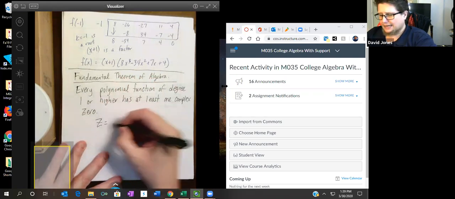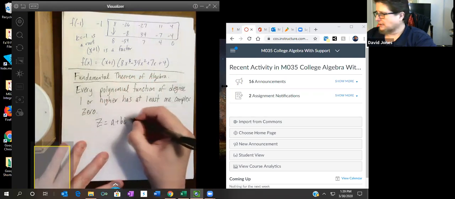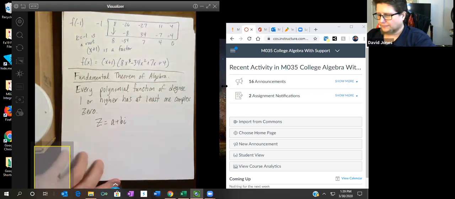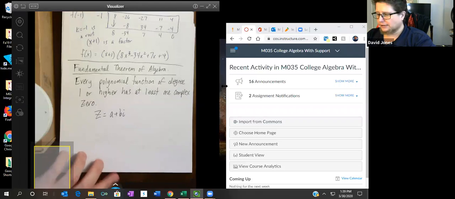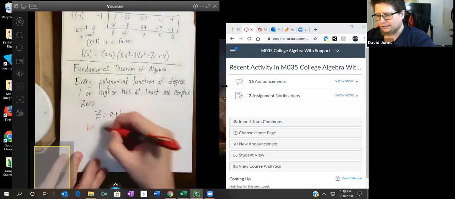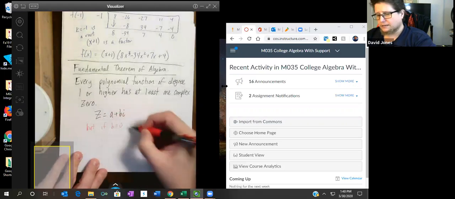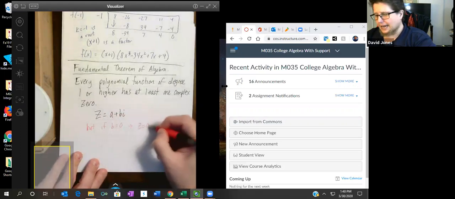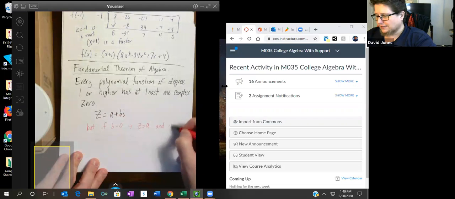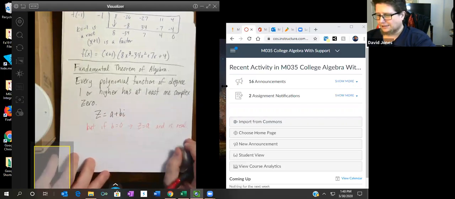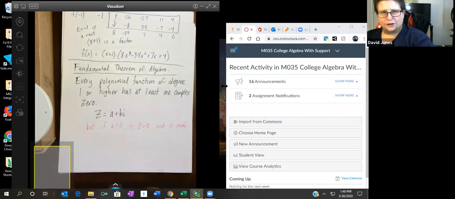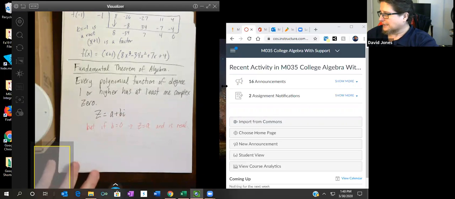So we've got z equals a plus bi. Now it makes it sound like there's a complex solution. But if b equals 0, z equals a and is real. So there's complex solutions or real solutions.